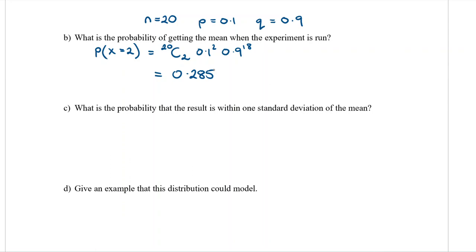Part C. What is the probability that the result is within 1 standard deviation of the mean? Now, within 1 standard deviation means 1 standard deviation higher or 1 standard deviation lower on either side of the mean, right? So my mean is mu.